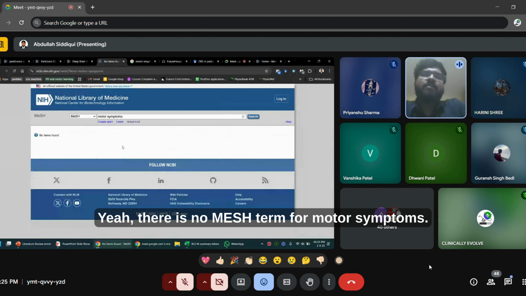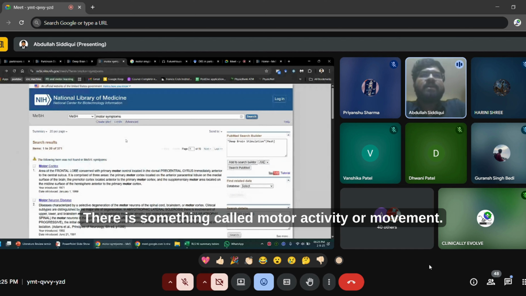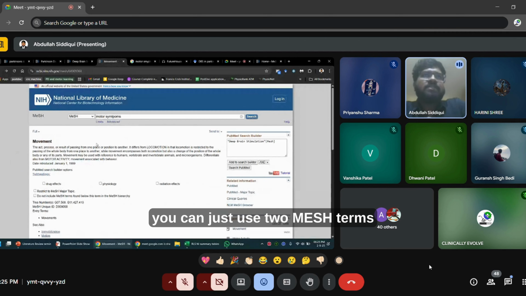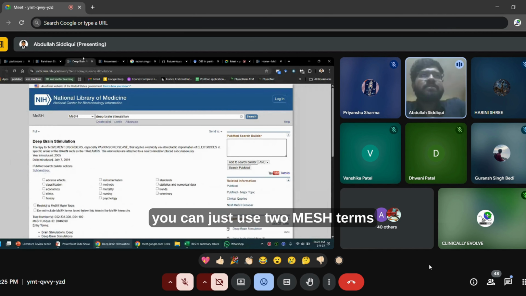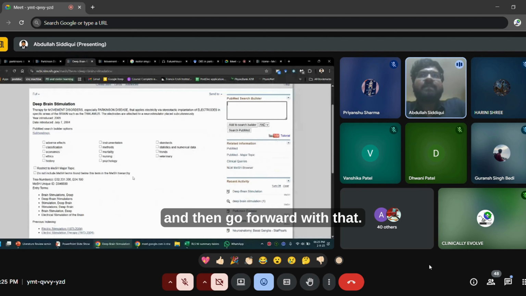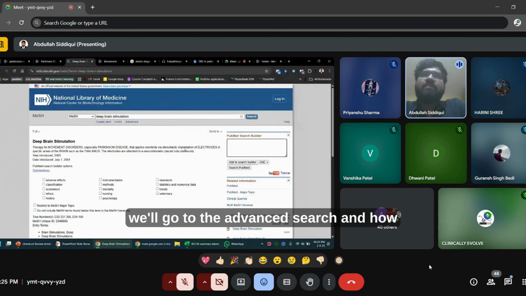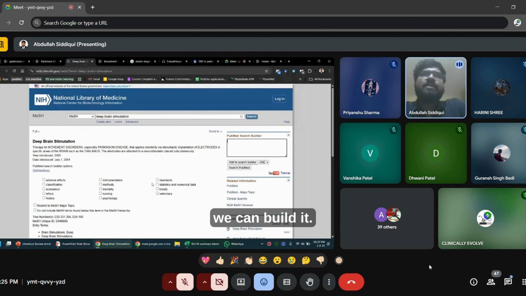So, yeah, there is no MeSH term for motor symptoms. There is something called motor activity or movement. So at that time, you can just use two MeSH terms of Parkinson's disease and deep brain stimulation, and then go forward with that. So continuing this, we'll go to the advanced search and how we can build it.